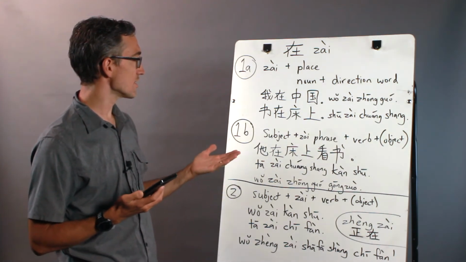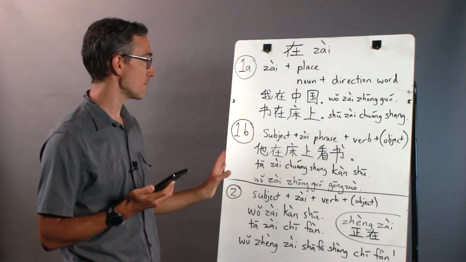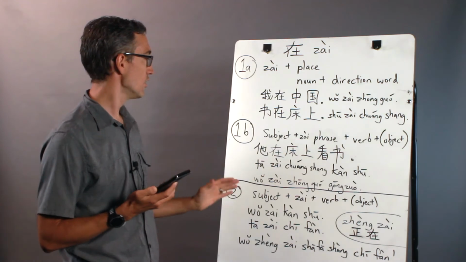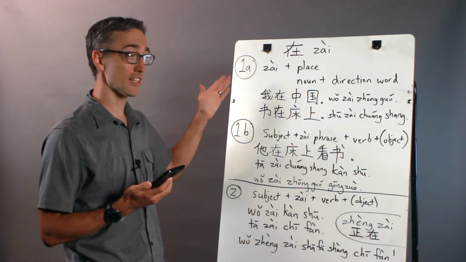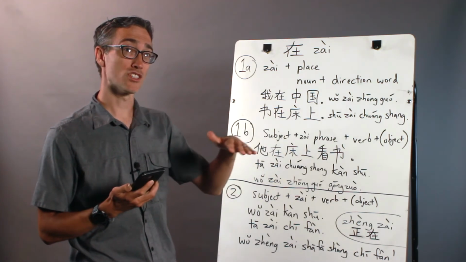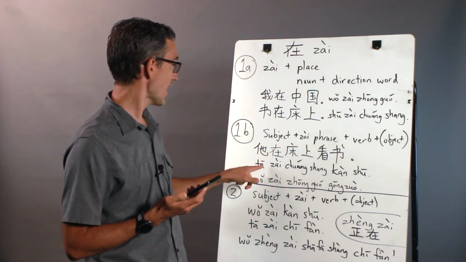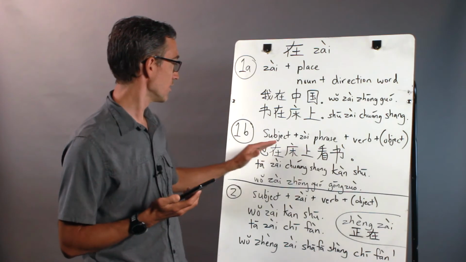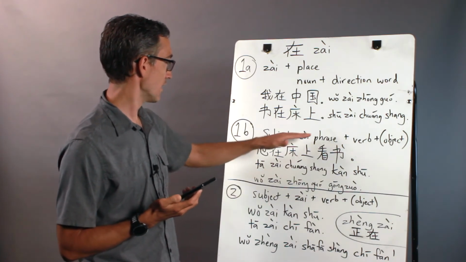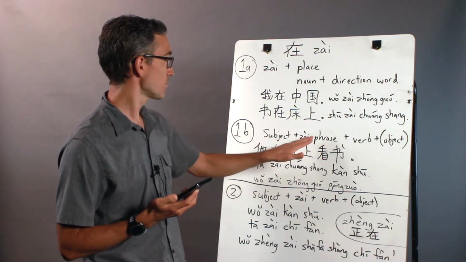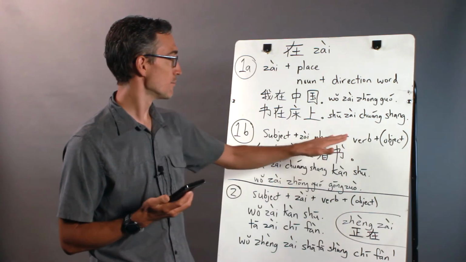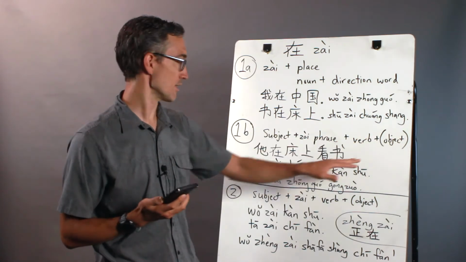It's basically the same, but it can be part of a fuller idea where you're saying not where something is located, but where some action has taken place. So let's look at this one. 他在床上看书. Let me back up to the formula. It's subject plus the 在 location phrase plus verb and object if there's an object.